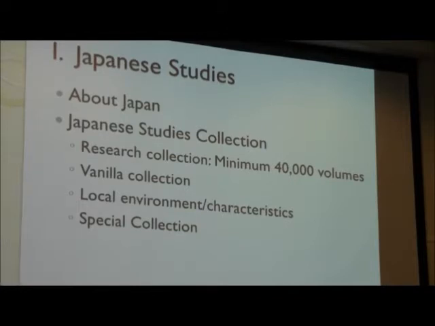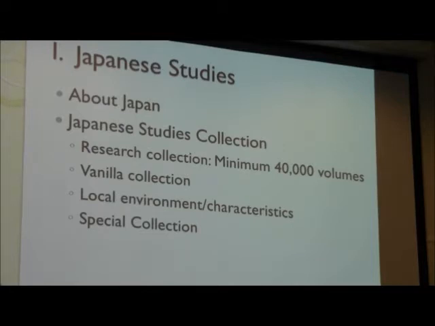So I couldn't quote the source, but that's what I learned, 40,000 volumes. Based on my experience, 40,000 may be a good size to start, generally sufficient to support services at an institution. So my first target was to become a collection of 40,000 volumes for our studies.